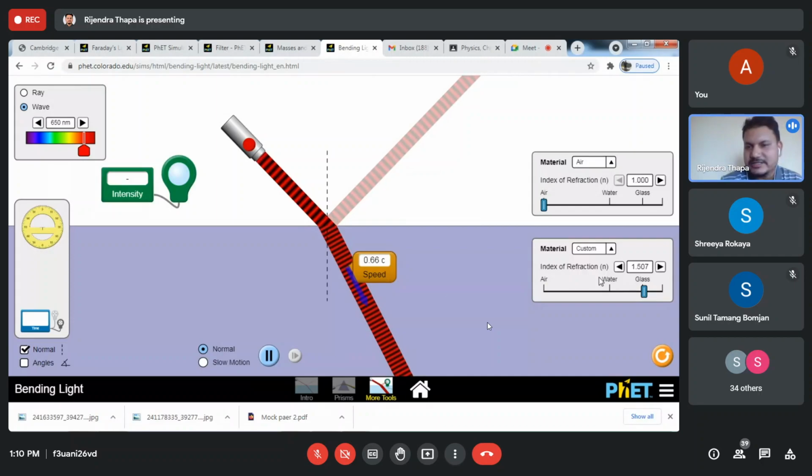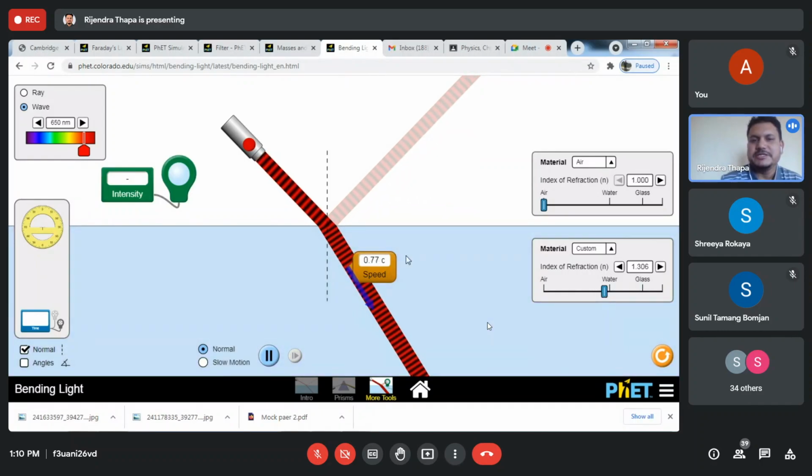Now here is glass. Now let's put water here, what happens? Let's try to find out, okay? Now here, the velocity is changing. When it is water, the velocity is 0.75 c, or if you place it here, when it's water, it's 0.73 c.